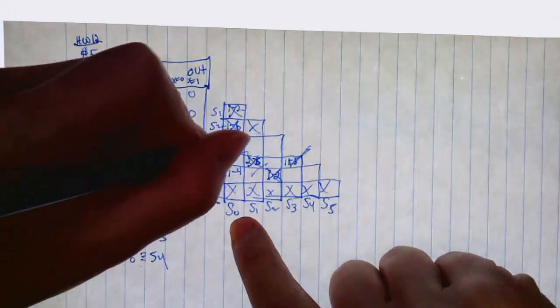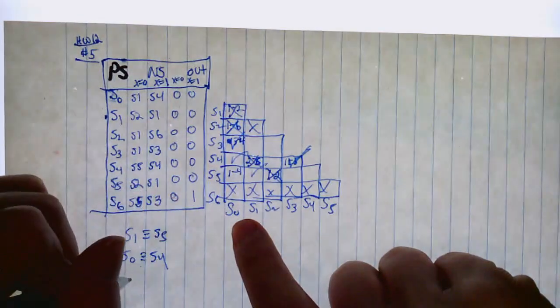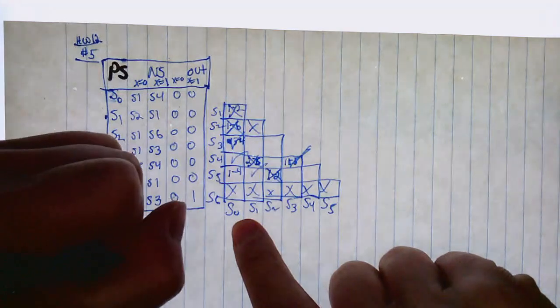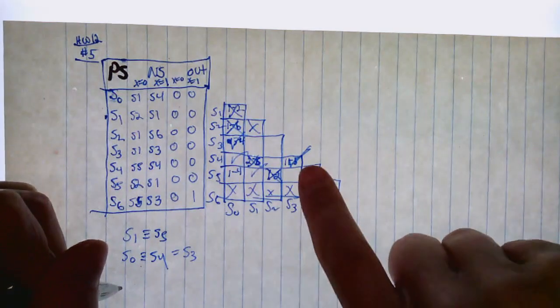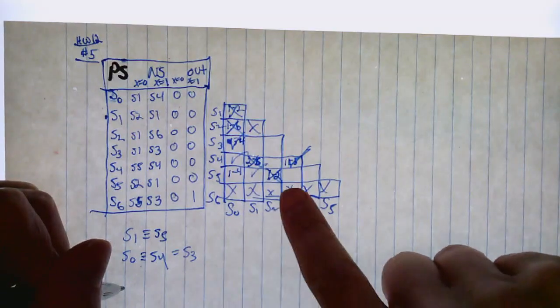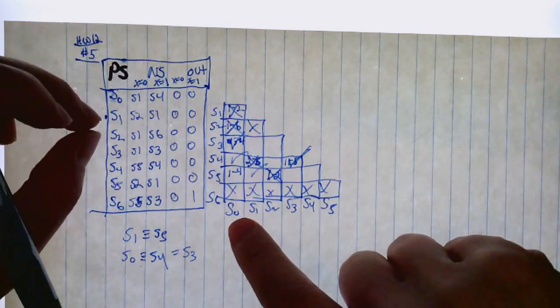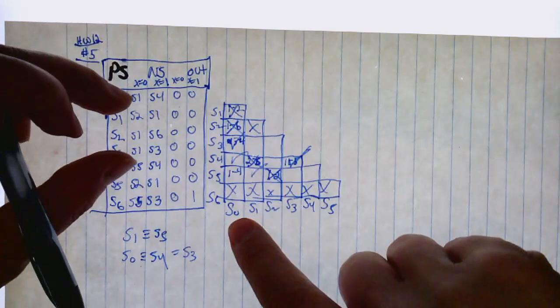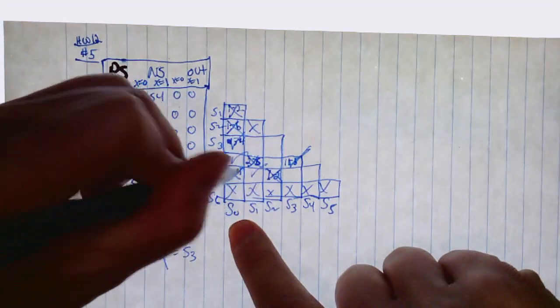So that means this one's okay. So now we have S0 equals S3. And S3 is equal to S4. So that's kind of interesting. Let's take a look at S0, S4. I got 1 is, no, 1 is not equivalent to 5.